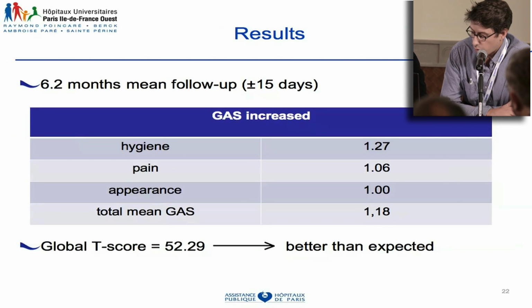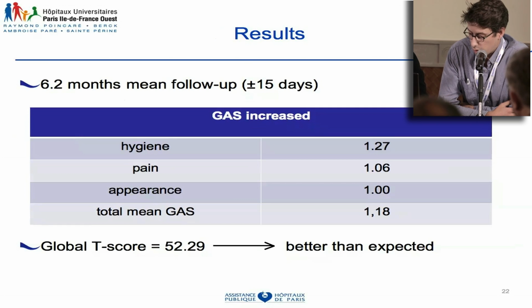The minimal follow-up by the surgeon himself was 6 months, and largely more by the PMR physician postoperatively, minimum 3 months after the surgeon. The mean GAS score increased by 1.3 for hygiene, almost 1.1 for pain, and 1 for appearance.